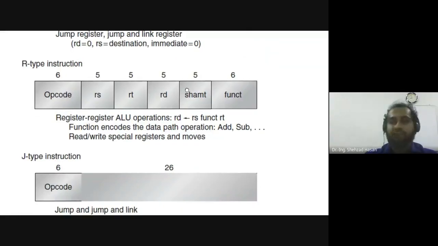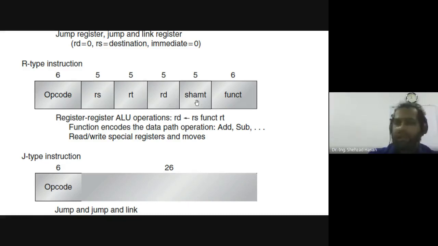There are other fields required for register operations like add. If you are going to add two registers and store the result in a third register, you need three register codes, so at least 15 bits. You don't need any immediate value.